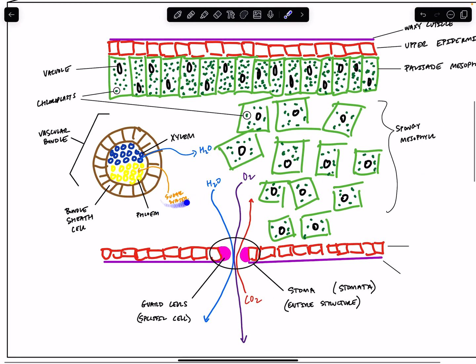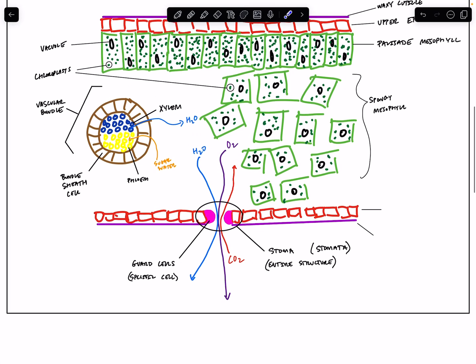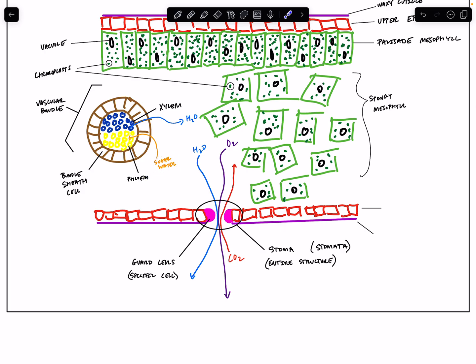So for example, photosynthesis is not happening in the roots, but the roots still need to live. So sugar water is brought to them, and that is how they're going to build their own bodies and get energy.